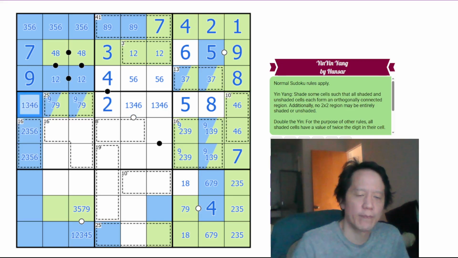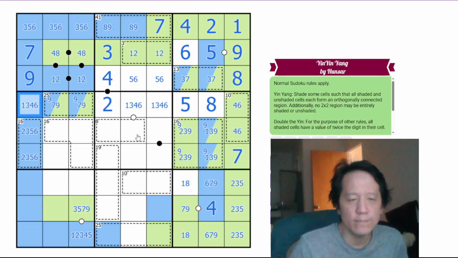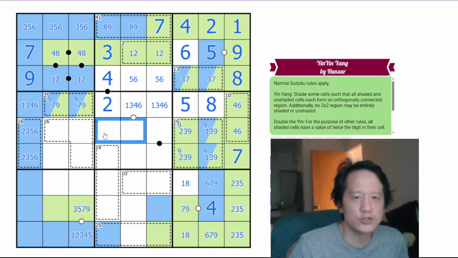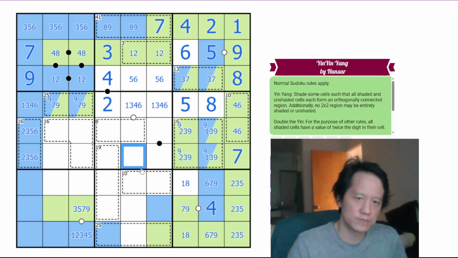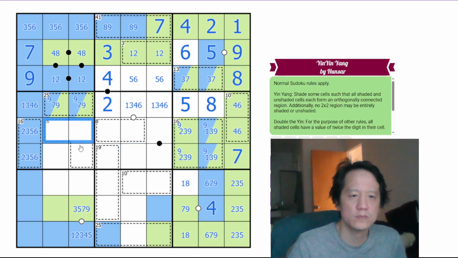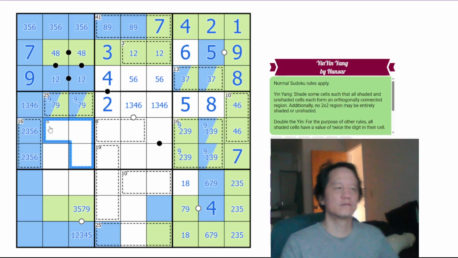Interesting. This cannot be 8 doubled in value, but that doesn't tell us very much. This cannot contain 7 and 9.